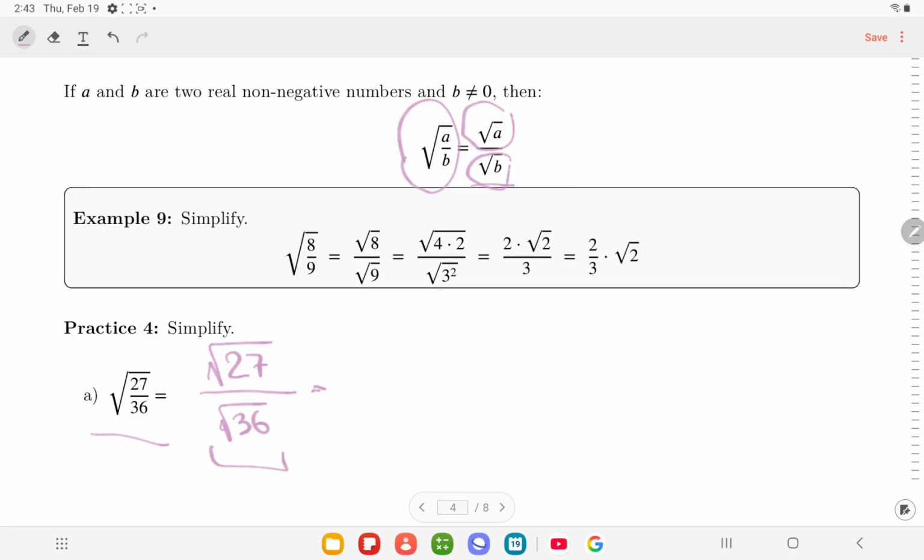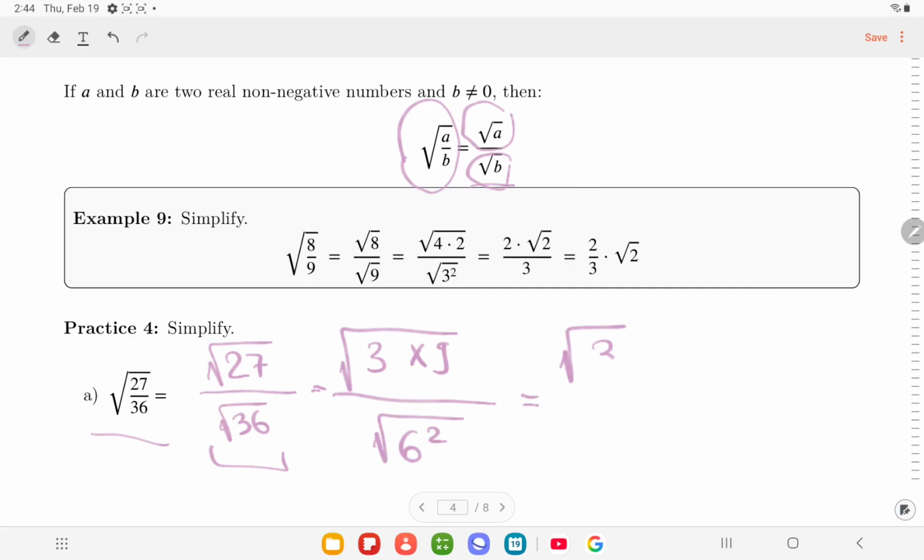And while 36 is a perfect square, 27 is not, so we will need to break it down. 27 is not divisible by 2, however, it is divisible by 3. 27 is 3 times 9. And then our root of 36 is equal to root of 6 squared.